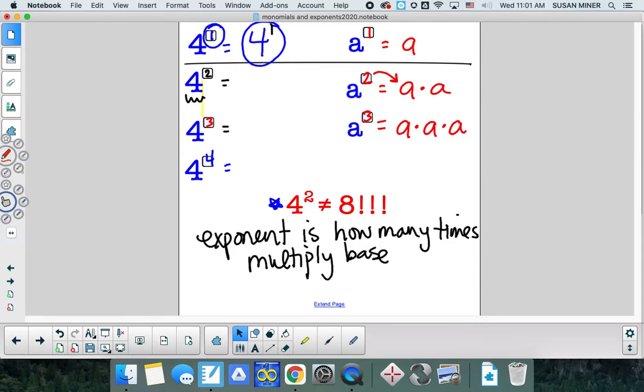If I have a to the fourth, pause the video and see if you can factor a to the fourth. Okay, I hope you said that a to the fourth would be a times a times a times a. And now you can see how a variable works if we factor out the variable and the exponent.